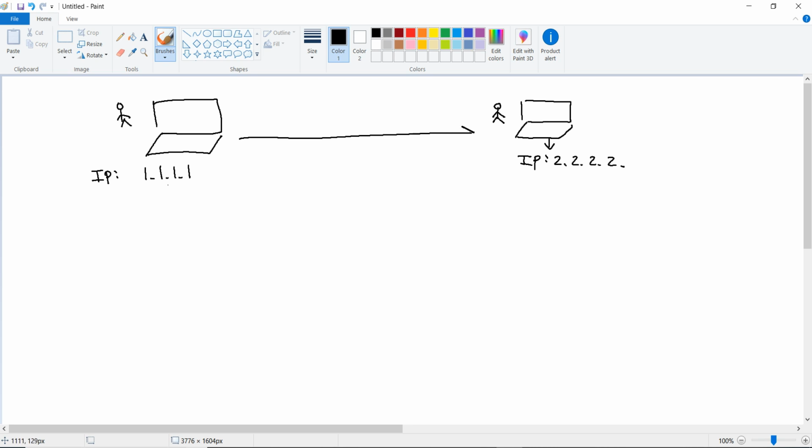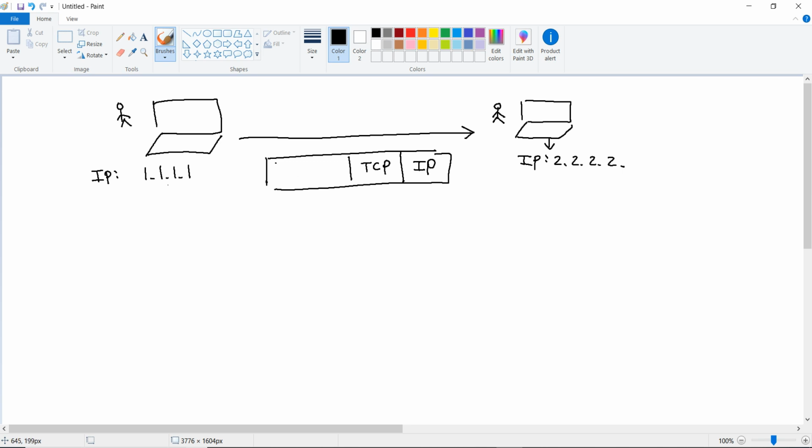Let's say this is like an email or a letter. It is a message, and typically in this message there is an IP header, and then a TCP header, and then the message.